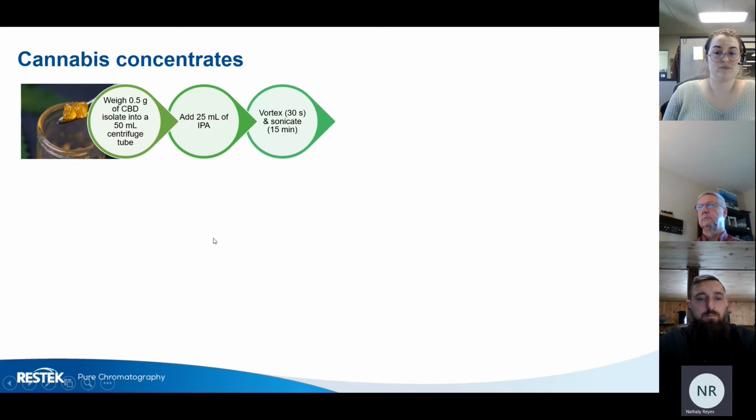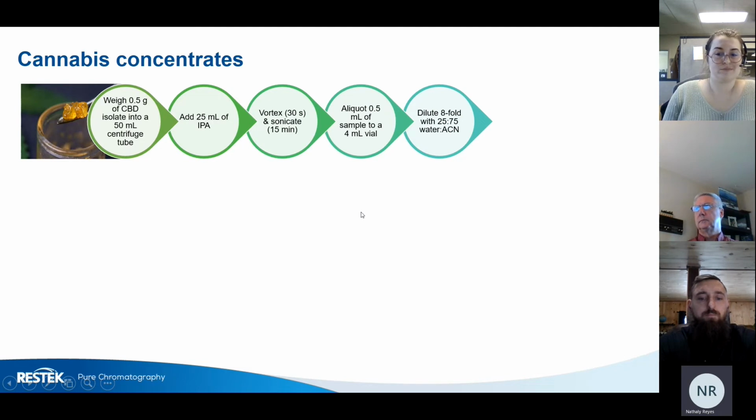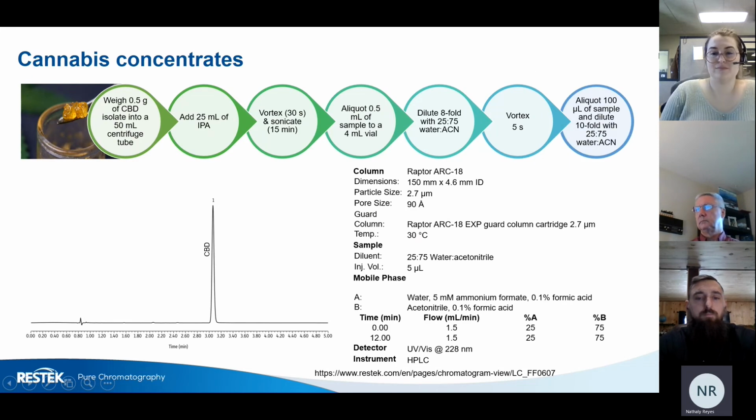After vortexing and sonicating for 15 minutes, we aliquoted 0.5 milliliters in a 4 mL vial. We diluted that 8-fold with water ACN. And after vortexing, we aliquoted 100 microliters and diluted 10-fold once again.